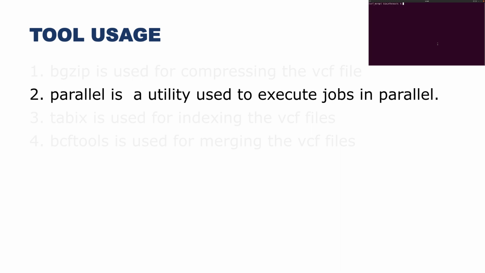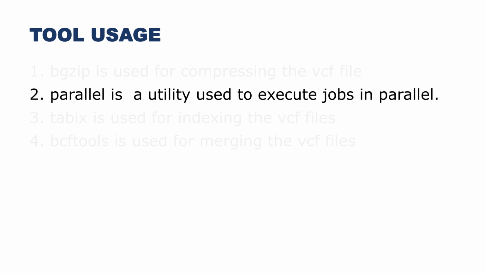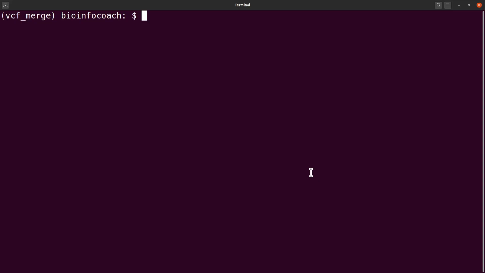So parallel will ensure that the task is split and then distributed among the CPUs or processors on your system. That makes it faster. So we say parallel bgzip and we give this 3 colons and we say star.vcf. So star here means all files ending with .vcf. So let's do the parallel.